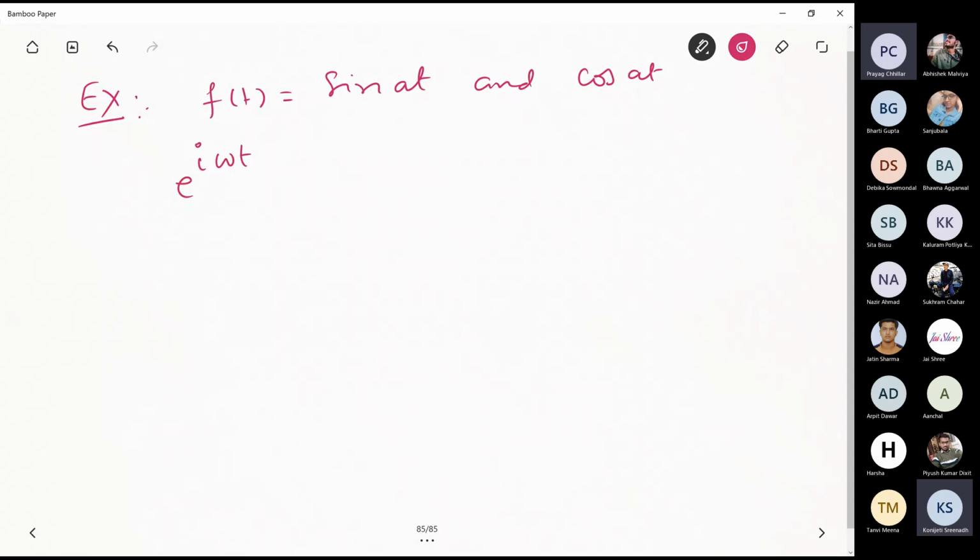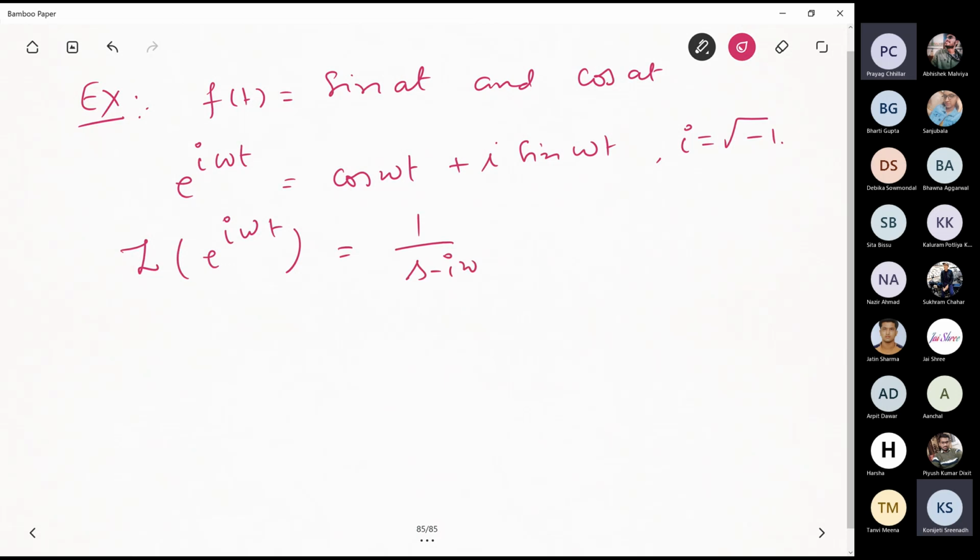This is nothing but cos omega t plus iota sine omega t, where i is square root of minus 1. And we know the Laplace transform of exponential of i omega t is 1 by s minus i omega. So by conjugating this, we can write this as s by s square plus omega square plus i times omega by s square plus omega square.